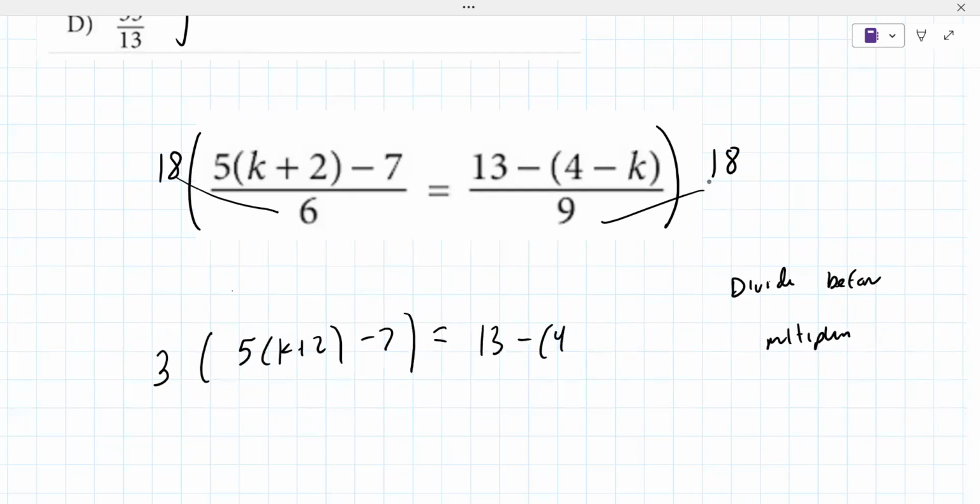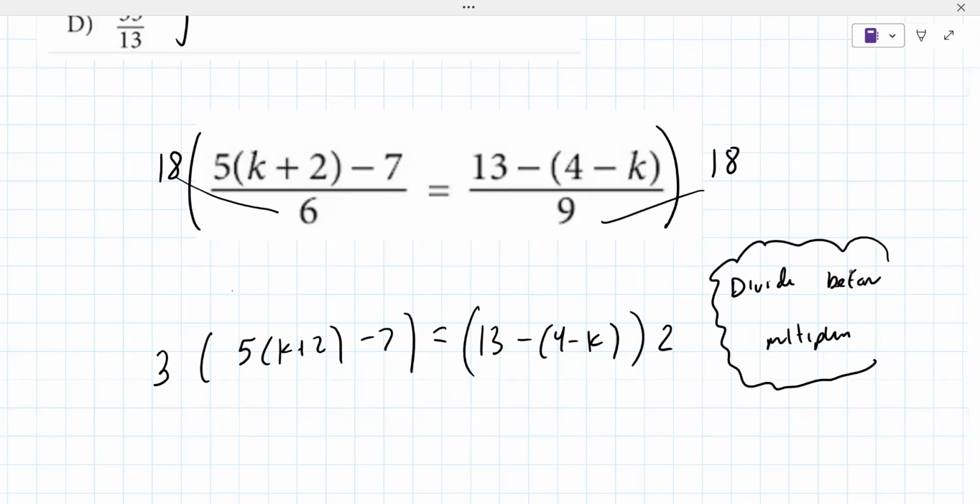It's 13 minus 4 minus k all times 2. And the reason you do this is when you divide before multiplying, the numbers get smaller, more manageable. Because if you multiply by 18, 18 times 5 is 90, 18 times 7 is 126, 18 times 13, I don't remember. You get big numbers. So if you can remember this, that really saves you some time here.